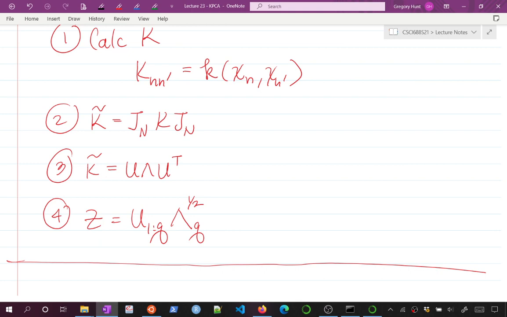There are many other algorithms that you can show only depend on the inner product between my training data, and therefore I can kernelize them. If I pick a kernel and replace the inner product between my data points with the kernel between my data points, it is as if I've projected that data into a higher dimensional space and then done the math there. But I don't actually have to.